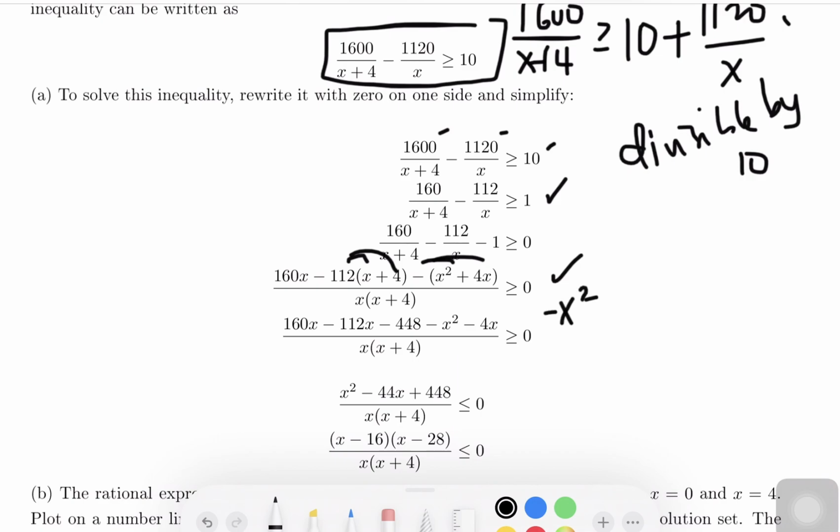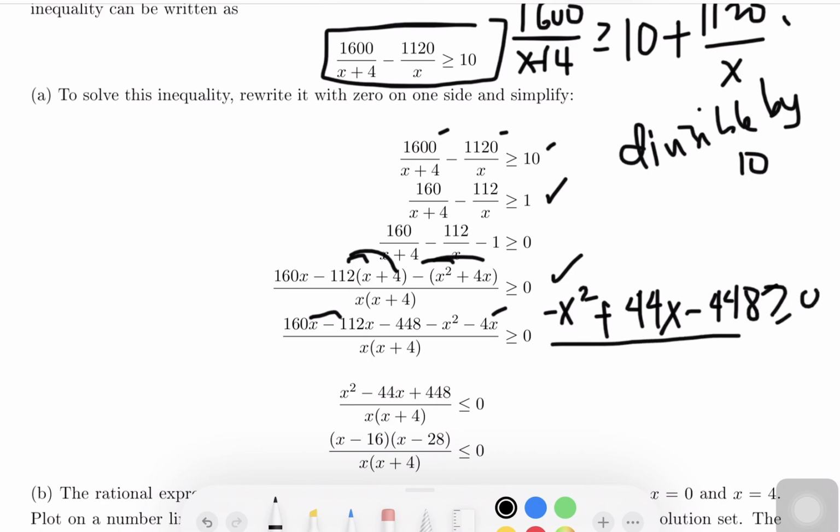Then, this will become negative 48. We have one more x here. So we have 160 minus 112, which is 48, minus 4, so positive 44x, and then negative 448, which is greater than or equal to 0.